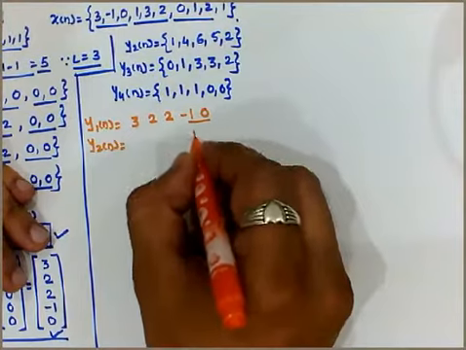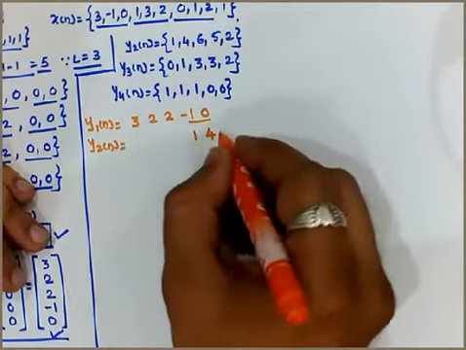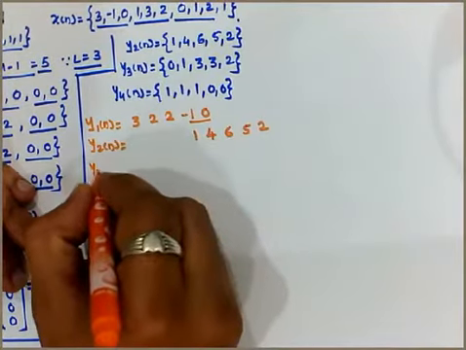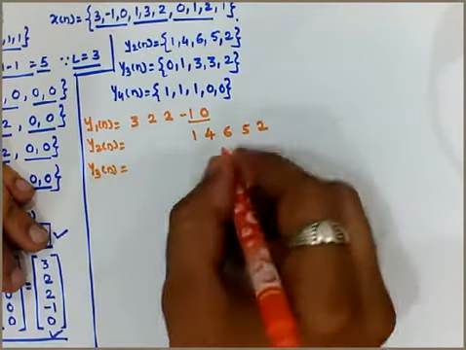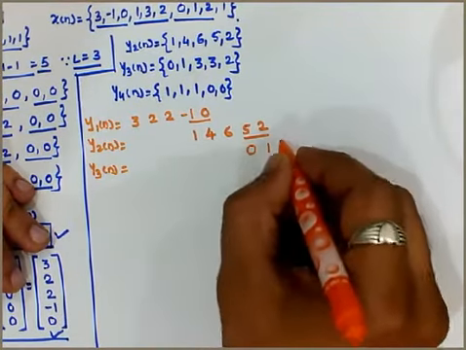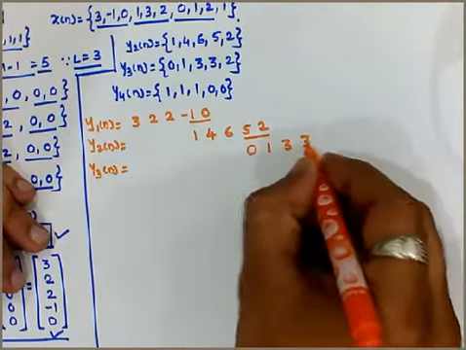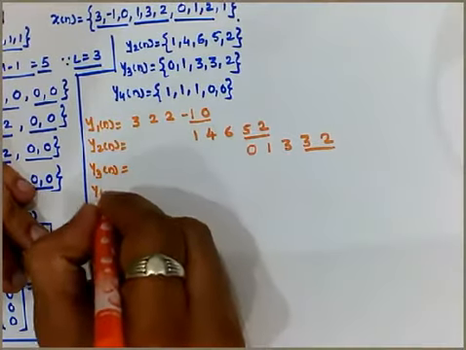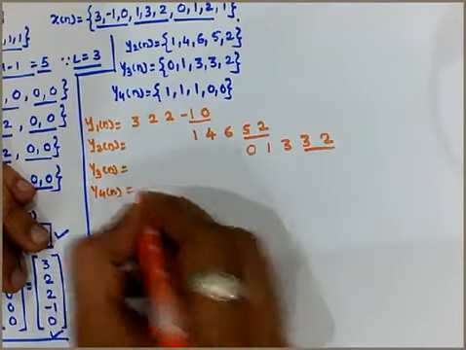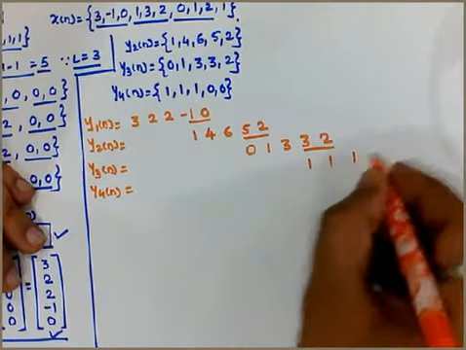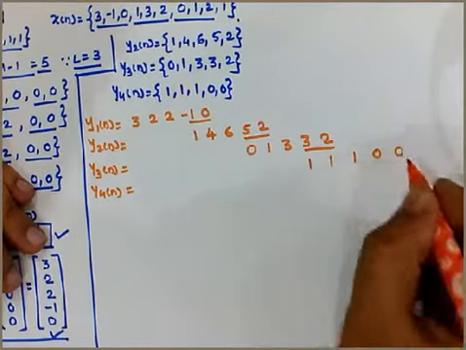So it is nothing but 1, 4, 6, 5, 2. Similarly, y3 of n is equal to 0, 1, 3, 3, 2. And lastly, y4 of n is equal to 1, 1, 1, 0, 0.